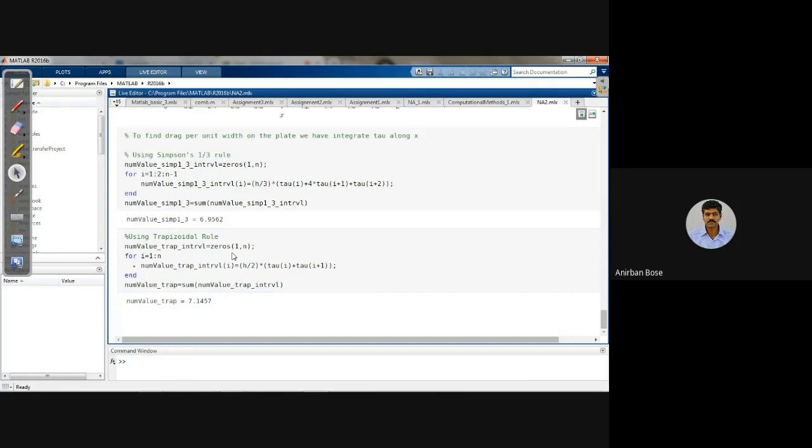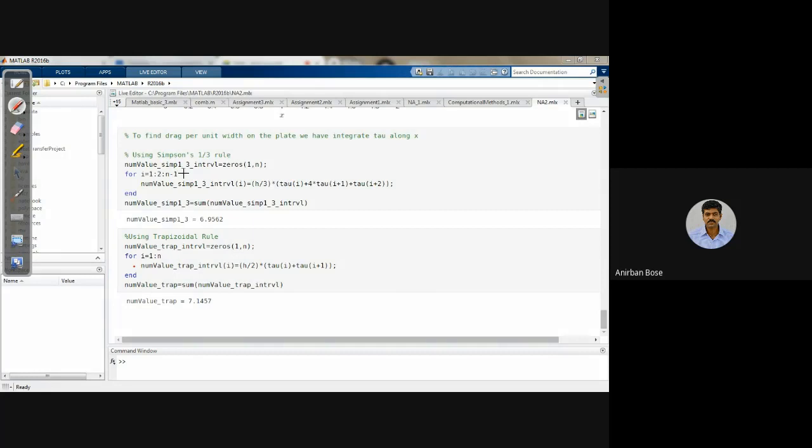But our job was to find out the drag force, and for the drag force I have used Simpson's one-third rule with increment 2, exactly in the same way. I have just copy pasted that part here. Only I have replaced that f with the function tau.